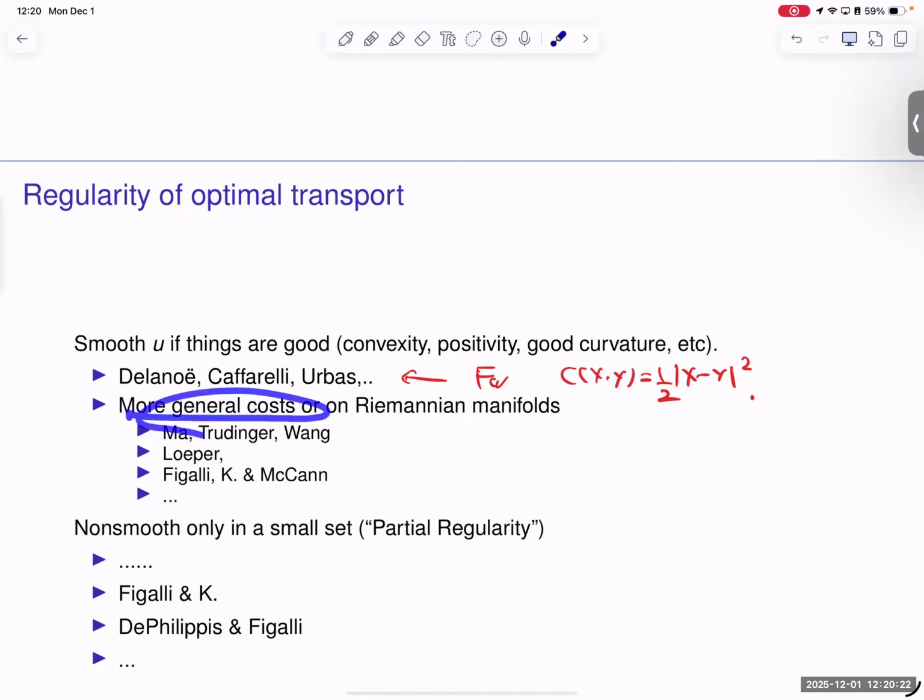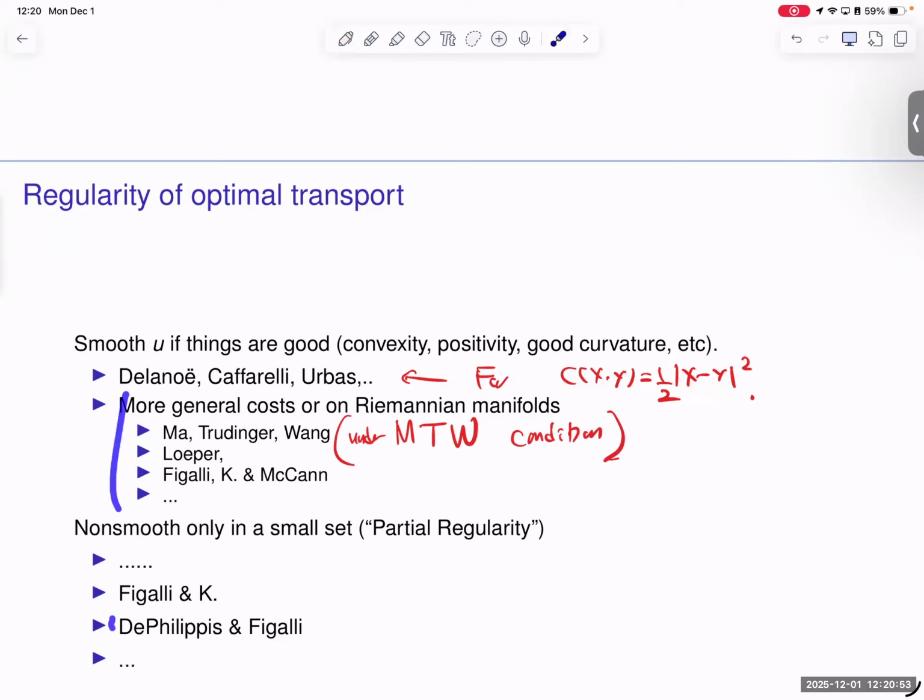Namely, you have some conditions on the Riemannian manifold or your cost. Under some conditions, which we now call the Ma-Trudinger-Wang (MTW) condition, some condition on the cost function, we get a regularity theory of the optimal transport mappings.